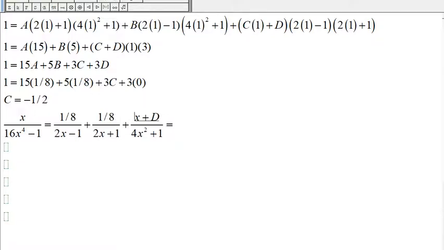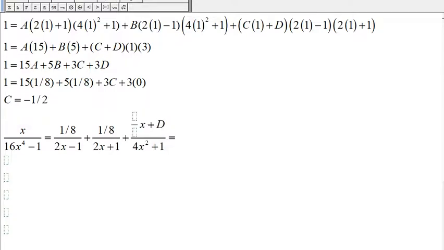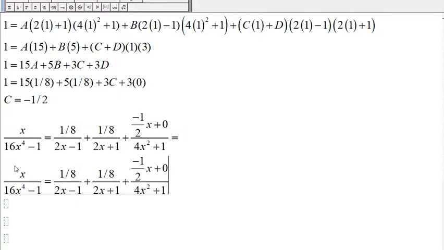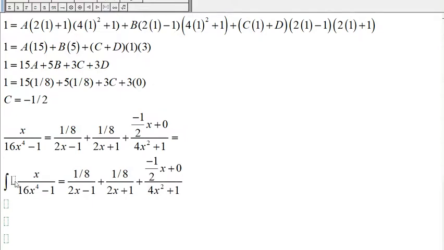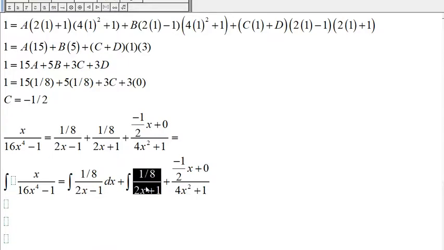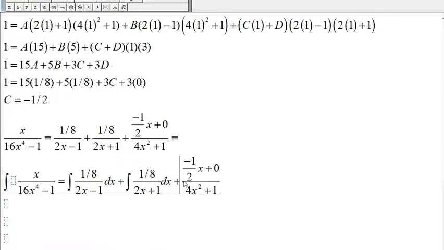C is negative 1/2. And then D is 0. And so this integral is equal to this integral dx plus this integral dx plus this integral dx.